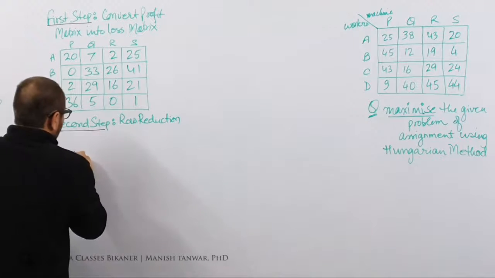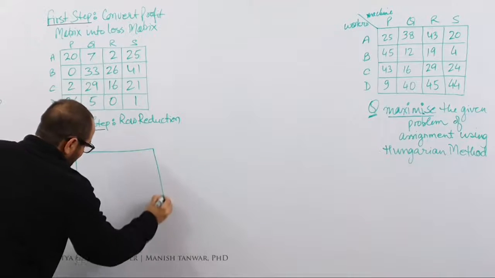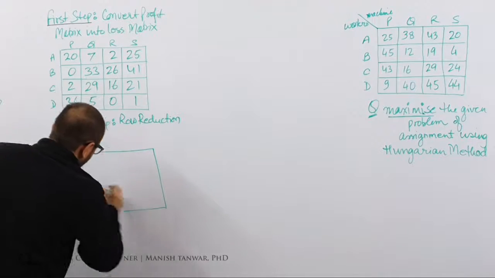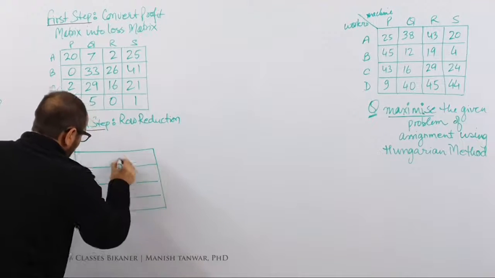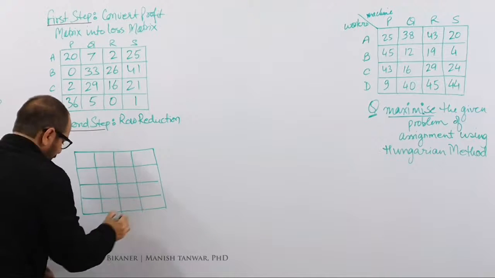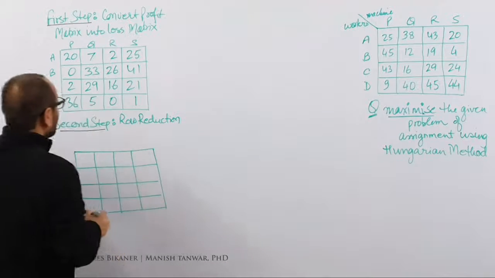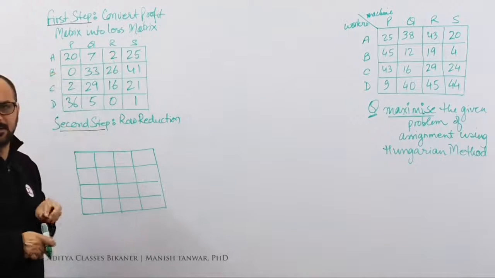Let us prepare an empty matrix and then we'll go for row reduction and column reduction. Here is our empty matrix.